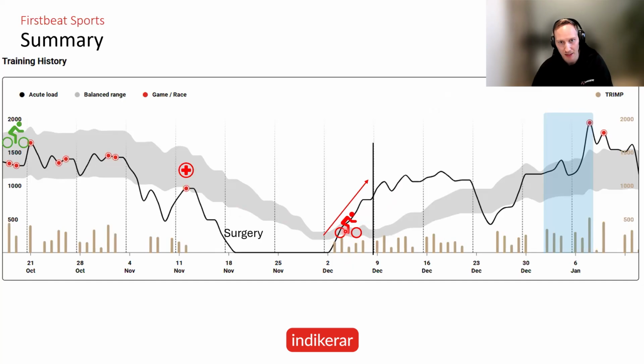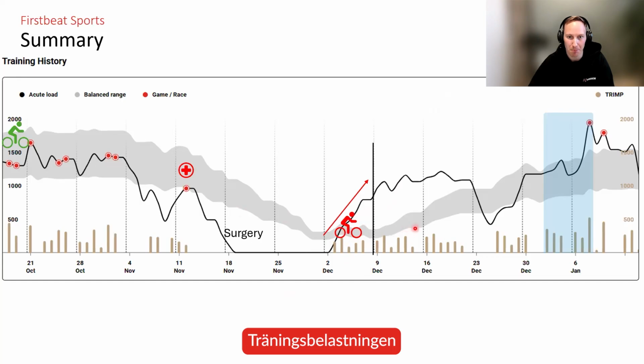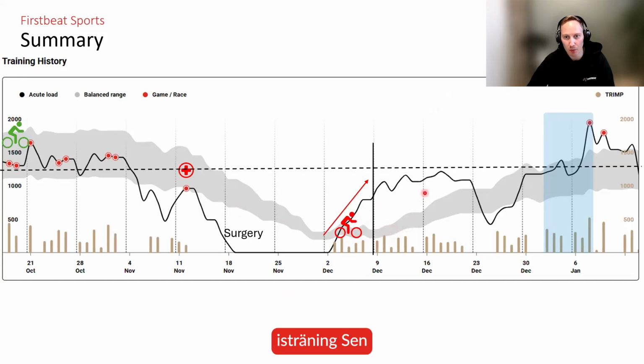Okay, this line is indicating when the player starts to train on the ice. The training loads are a bit higher than pre-ice training. Then, in between, we have Christmas with a little break in training load.